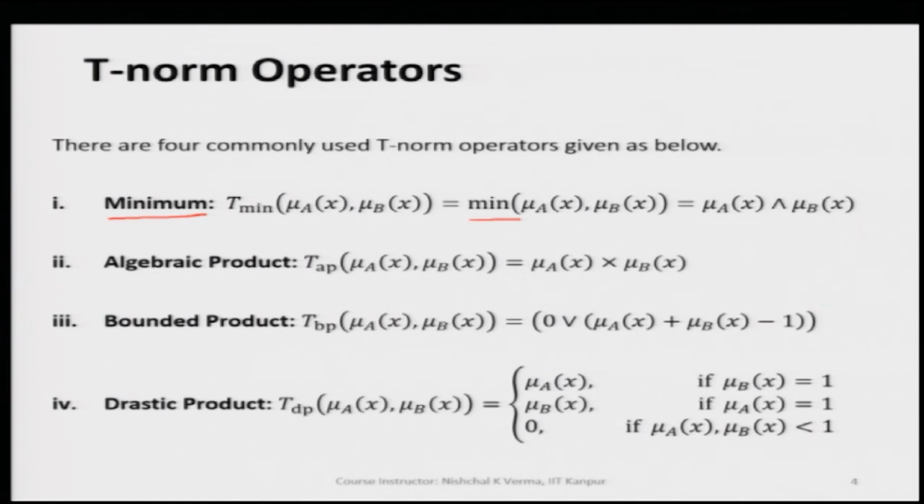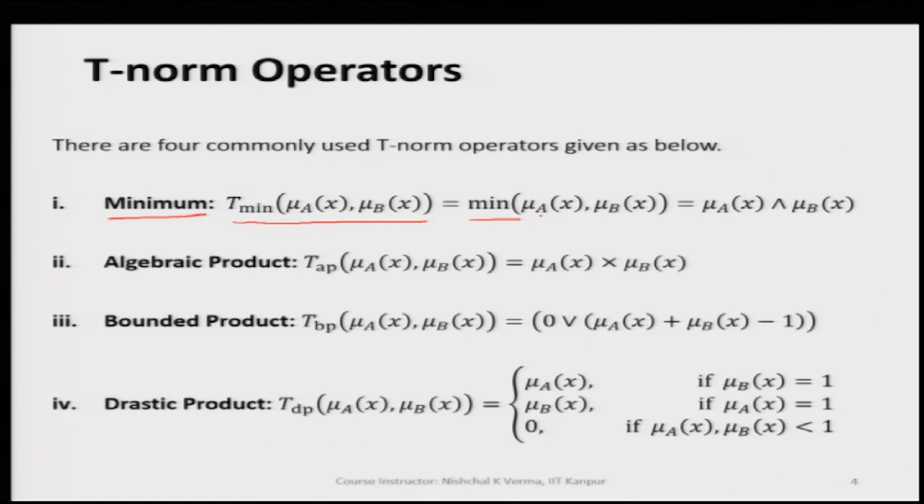If we are interested in finding the minimum T norm operator, T min of mu a of x and mu b of x is going to be the minimum of mu a of x and mu b of x.